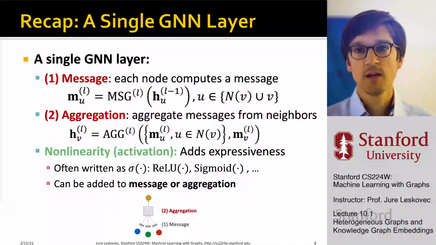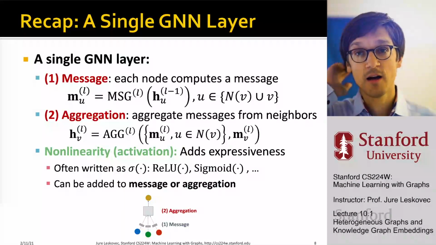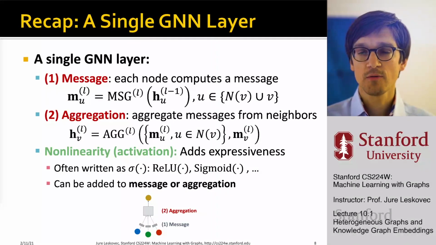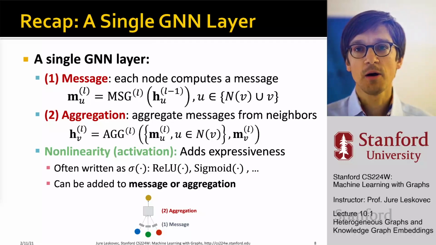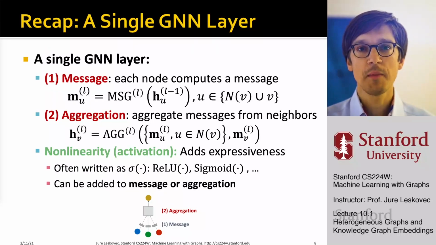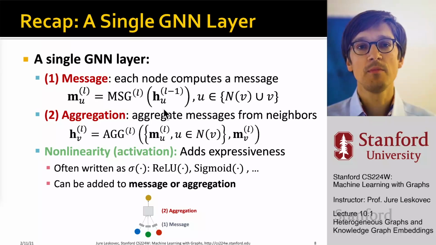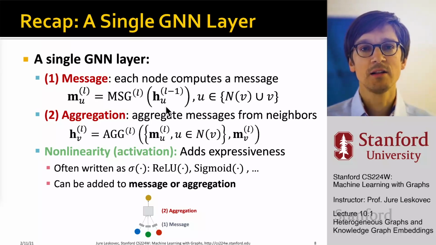Now that we have reminded ourselves of how to unfold a graph neural network over a directed graph, we then talked about what defines a single layer of a graph neural network. And we define this notion of a message, where every node computes the message coming from its children, and this message depends both on its message from the previous level as well as the neighbors that it has at the previous level.